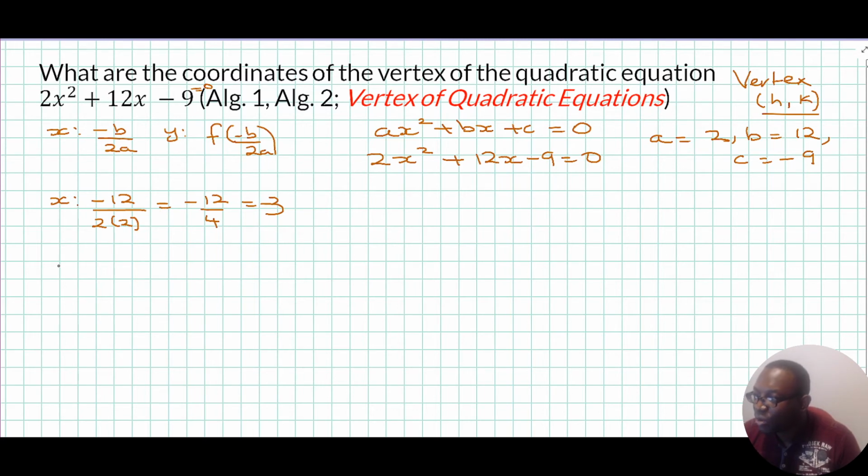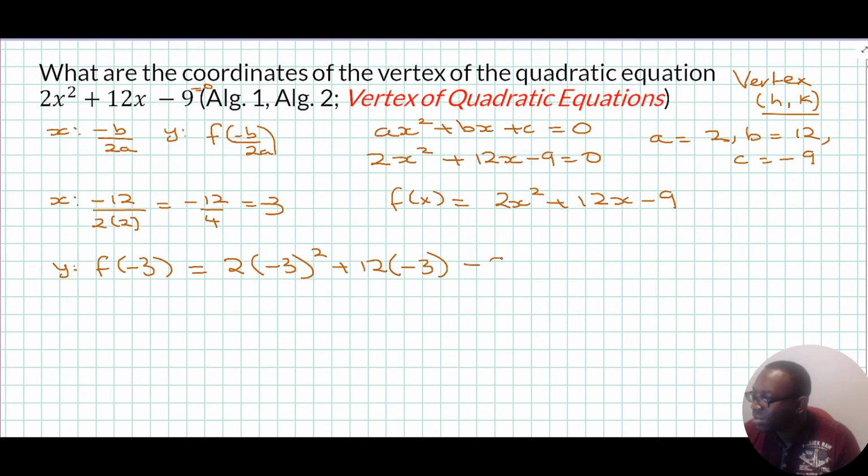Now for the y coordinate, we're going to treat this way: f of x equal to 2x squared plus 12x minus 9. And so we're going to find f of negative 3, which is going to give us 2 multiplied by negative 3 squared plus 12 multiplied by negative 3 minus 9.